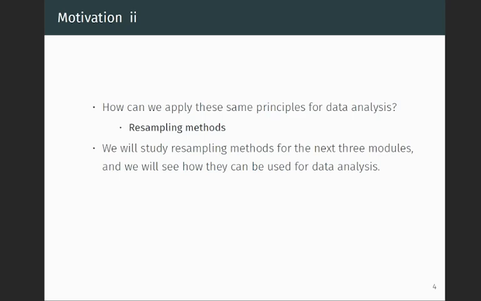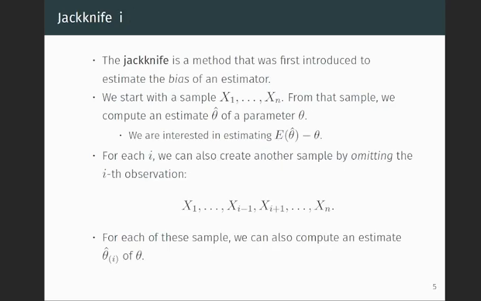In this lecture and the following ones, we'll talk about resampling methods, which are exactly addressing this problem. How can we use the same ideas but in the context of data analysis? So we'll study resampling methods for the next 3 modules, and we'll see how they can be used, again, for data analysis. So the first resampling method we'll talk about is Jackknife.